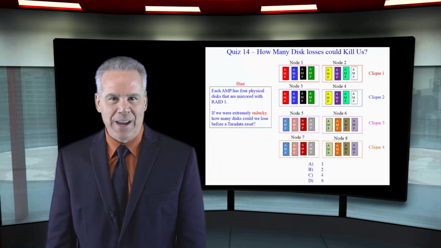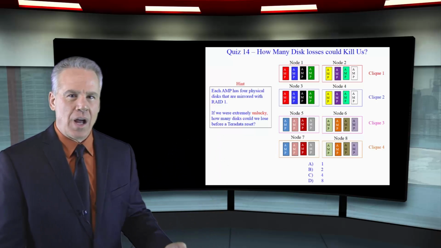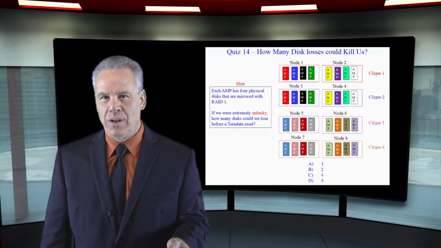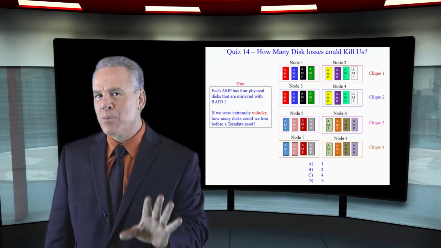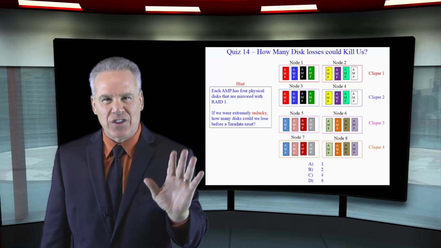In our 32 amps, each having 4 disks, data mirror, on the worst day possible, what is the minimum number of disks we could lose and have it kill us?